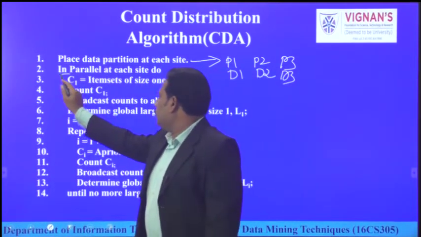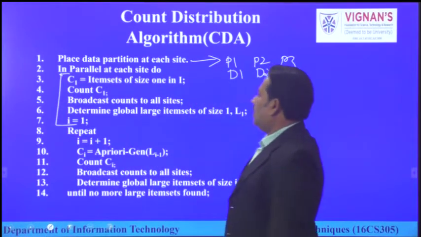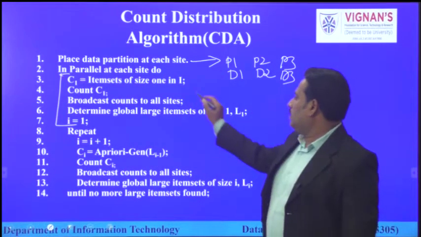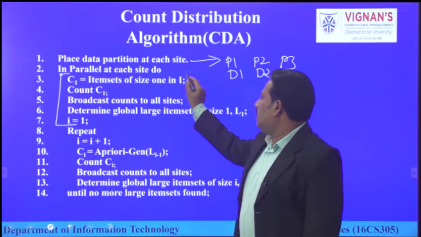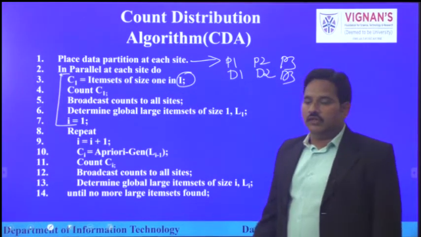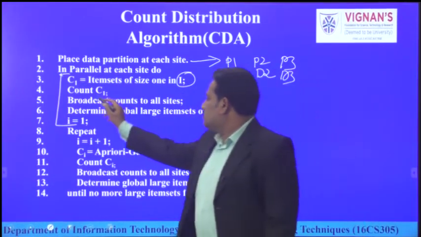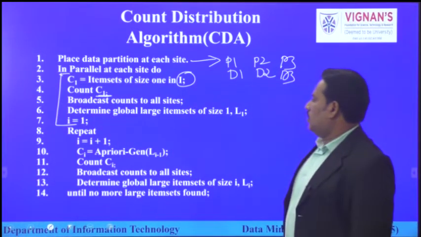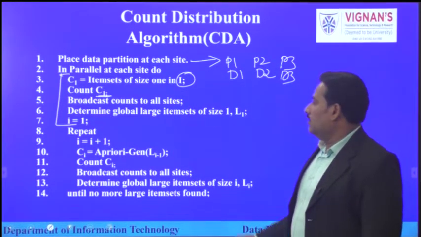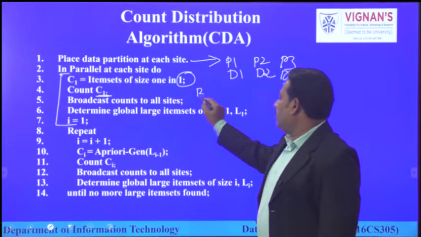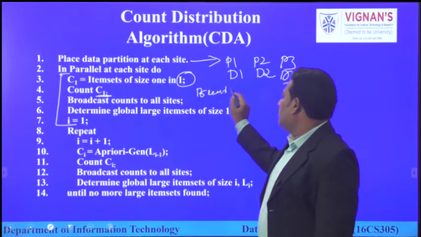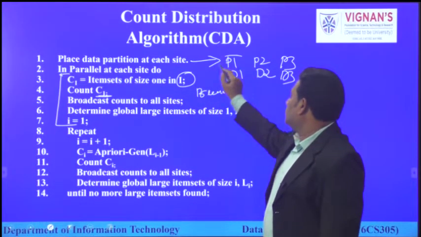Look carefully at these 4 lines here. Item sets of size 1 in I. That means count all the 1-item sets, that is C1. Broadcast the count to all the sites. That means let us assume bread is repeated one time in the first partition.